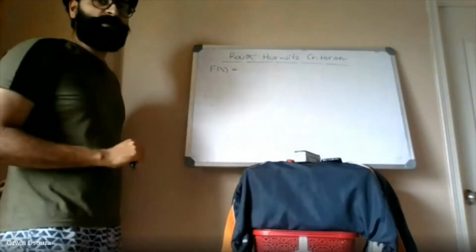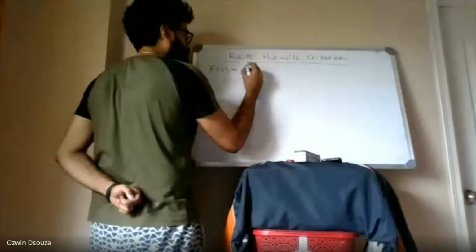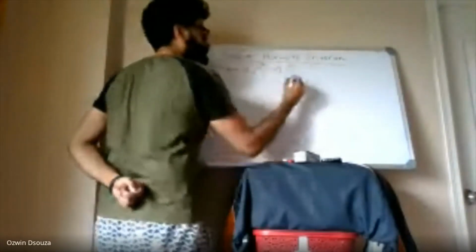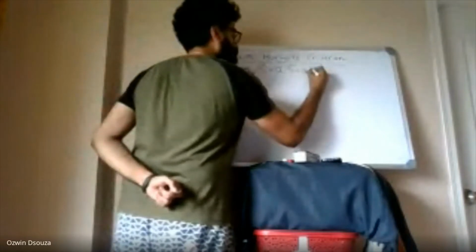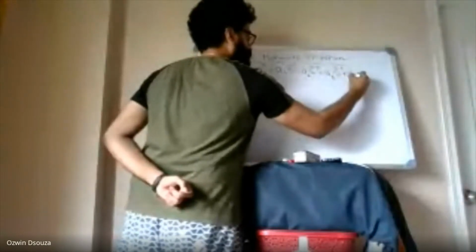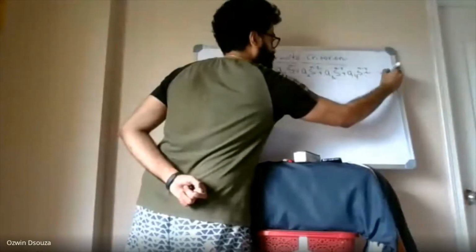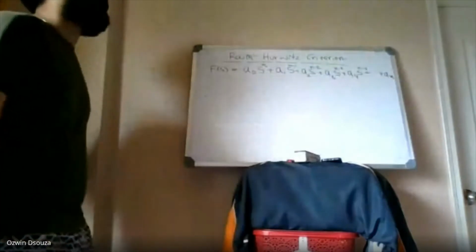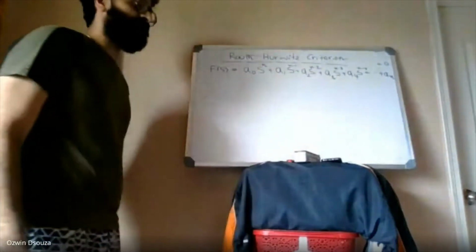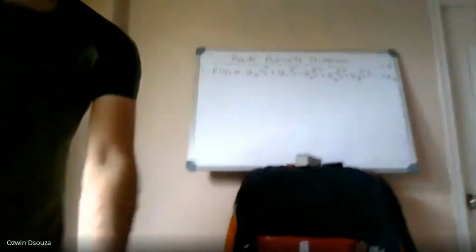Let us say the characteristic equation is f of s, given as a naught s to the power n plus a1 s to the power n minus 1 plus a2 s to the power n minus 2, a3 s to the power n minus 3, a4 s to the power n minus 4, and so on until you reach the last coefficient, an, which is equal to 0, because the characteristic equation is always equated to 0 in order to find the roots of the characteristic equation.